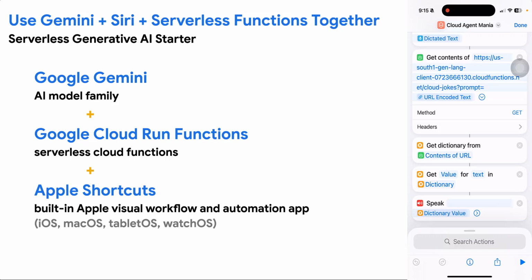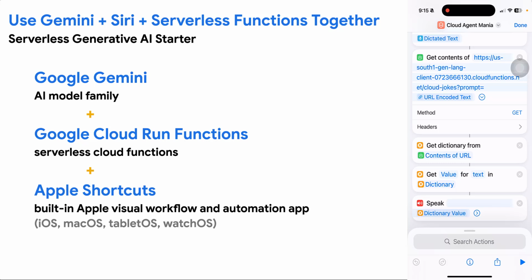So we're getting the iPhone to use its speech-to-text capabilities, that's with the built-in AI ML chips as well as Siri. We're dictating what we're saying to text, encoding that, and making an API call to a cloud serverless function hosted in Google Cloud Run Functions. We're getting a JSON response based on the Google Gemini 2.0 Flash model.